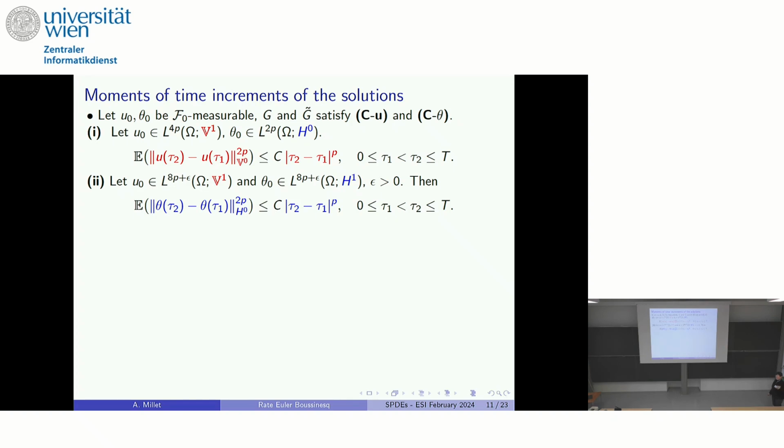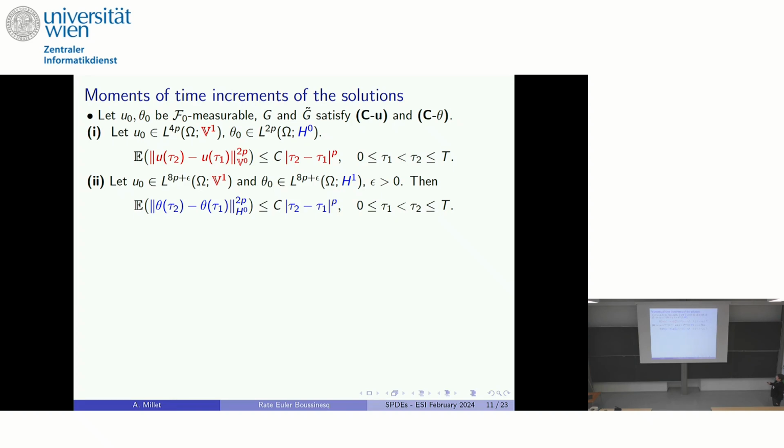In front of this T1 minus T2, there will be some coefficient that's going to explode if T approaches 0. And this blow-up phenomenon disappears if I start with an initial condition which is in V1. Exactly the same is true for time increments of the temperature.